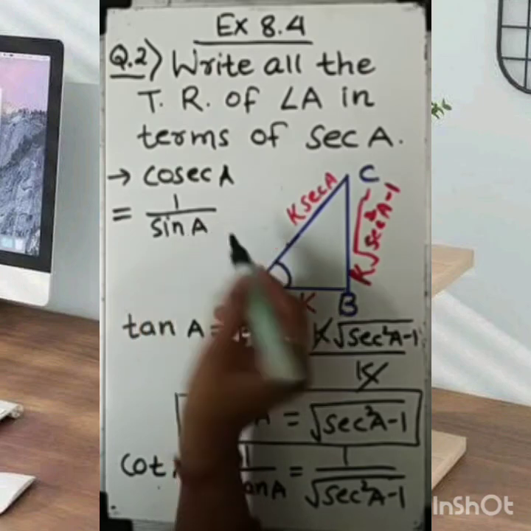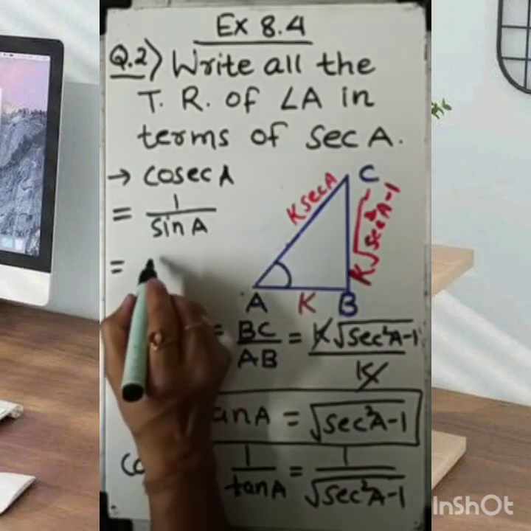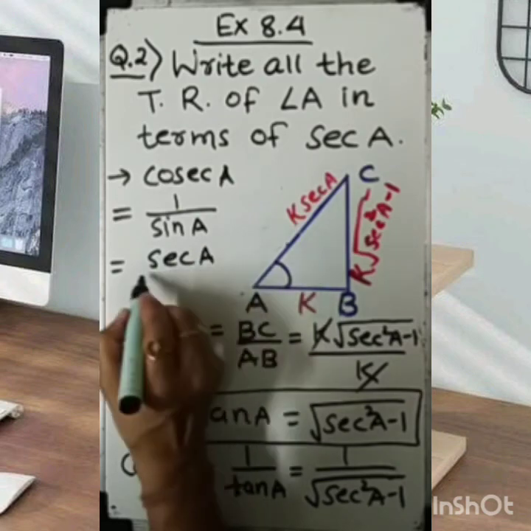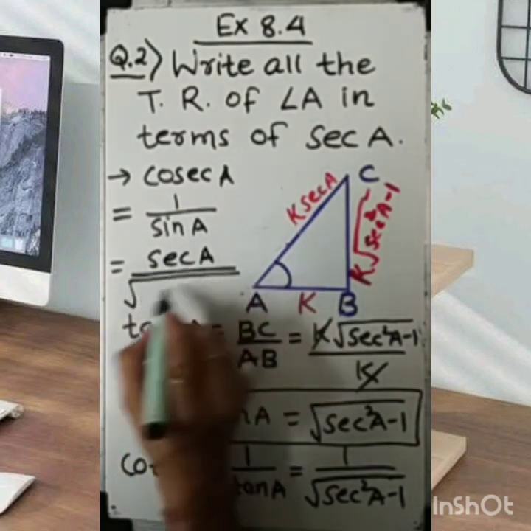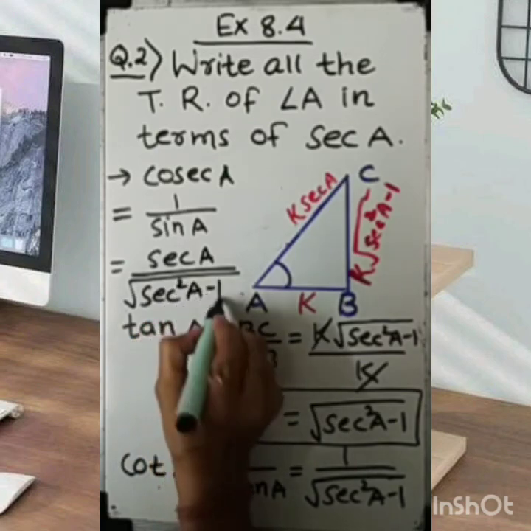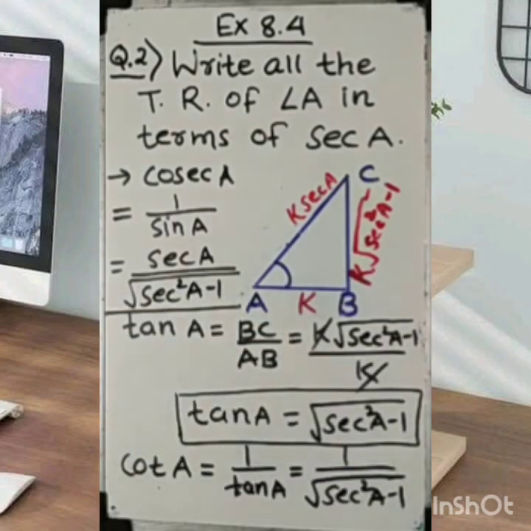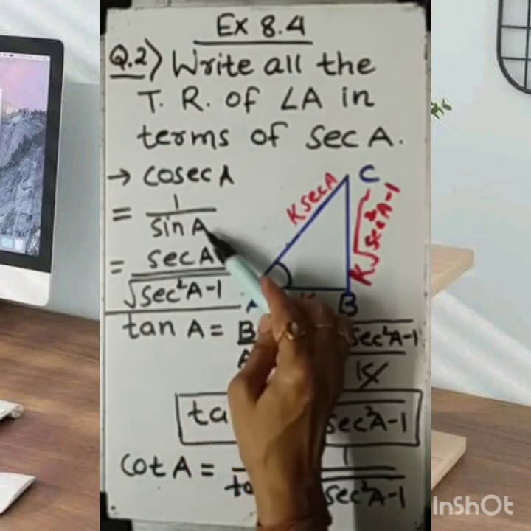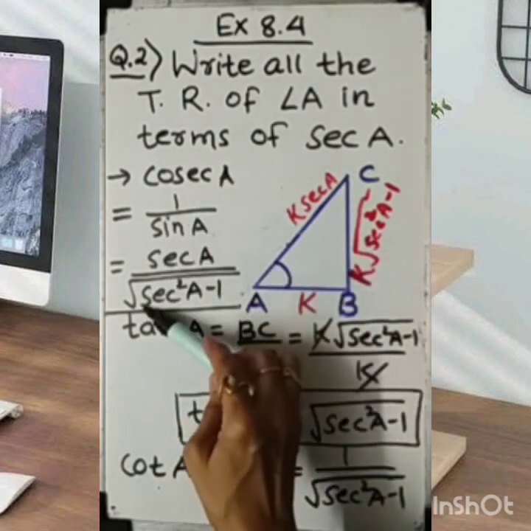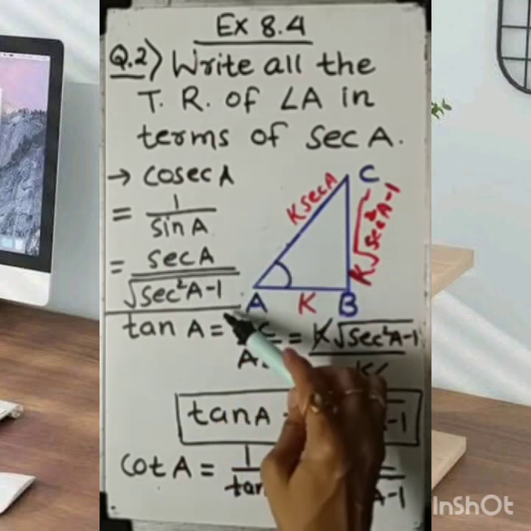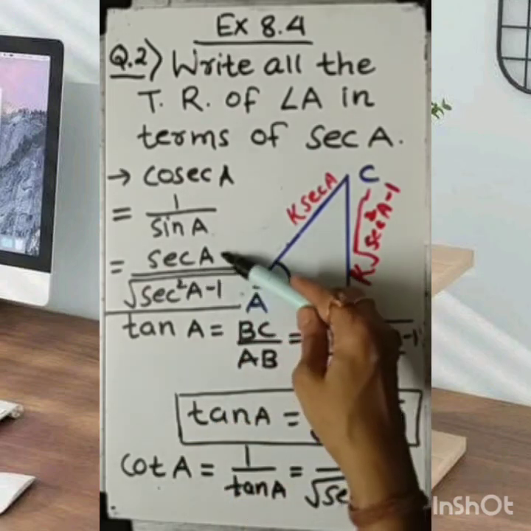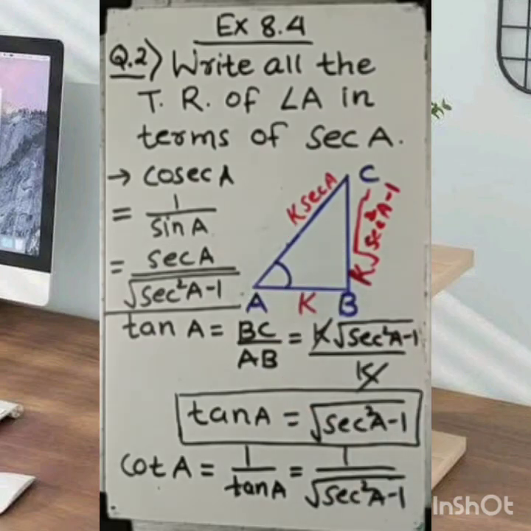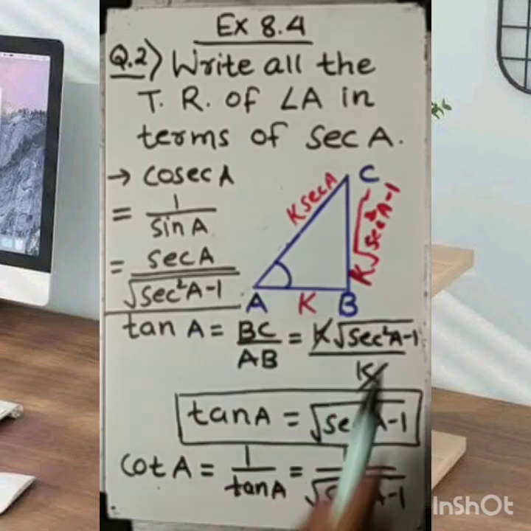And we already got the value of sine A, under root of sec square A minus 1 upon sec A. Inverse of it we are writing, so the denominator will become the numerator and the numerator will become the denominator. So I am writing it as a reciprocal. Sec A will be in the numerator and this will be in the denominator. These are all the values of different trigonometric ratios in the form of sec A. Is it clear? This is the complete solution of question number 2.